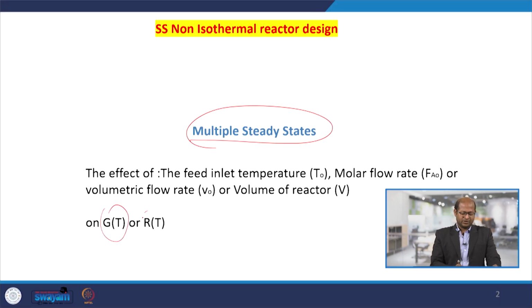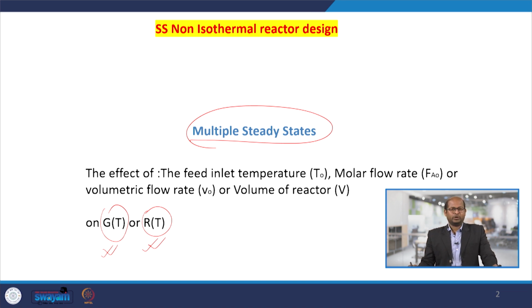At the same time, a coolant is circulated outside of the reactor to maintain the temperature. Therefore, there is heat removal as well: heat generation due to the reaction and heat removal by the coolant supplied outside the reactor. We can write the heat generation and heat removal in terms of G(T) and R(T). G(T) is the heat generation and R(T) is the heat removal. That is the way we are writing it.